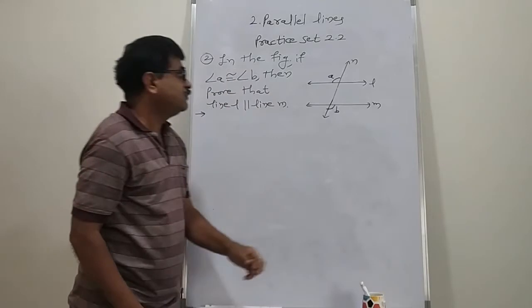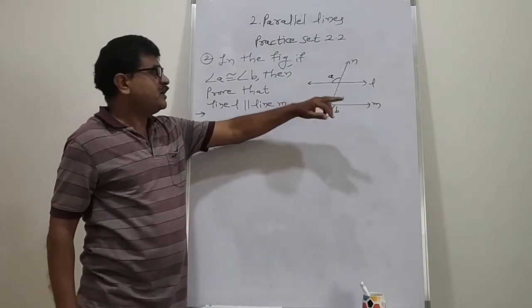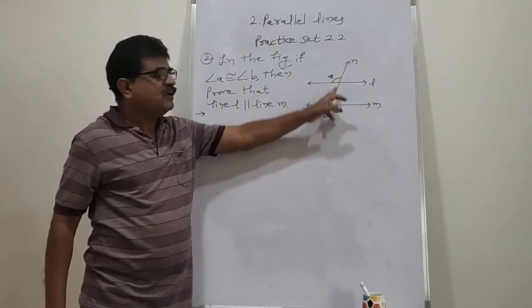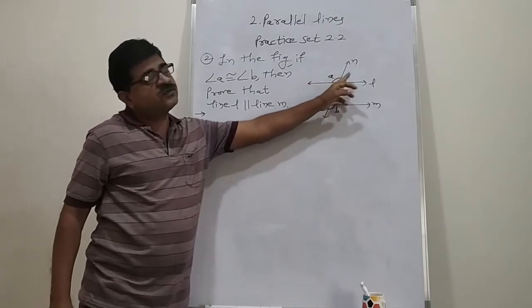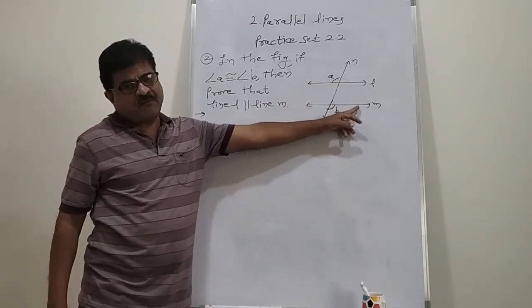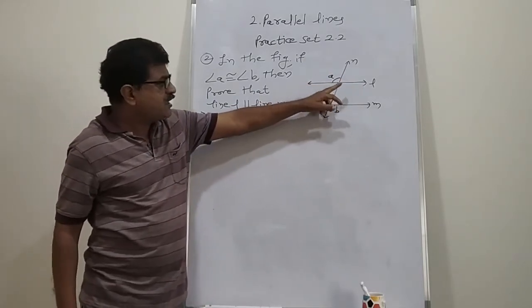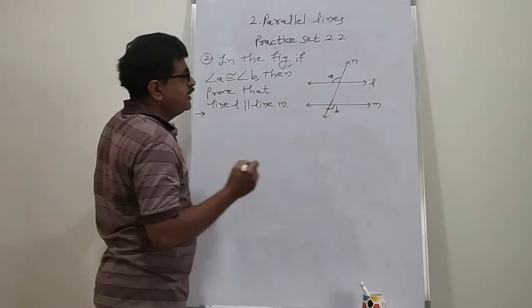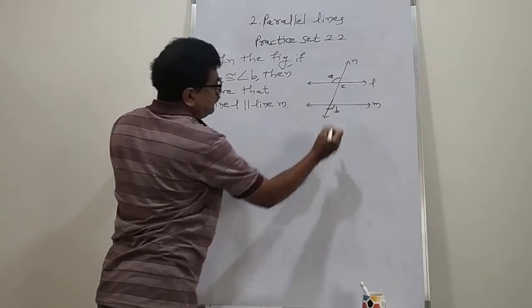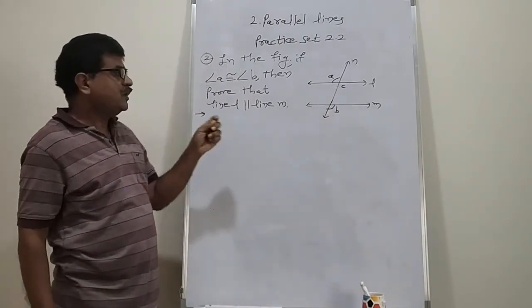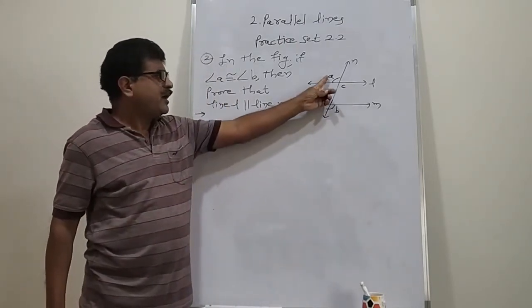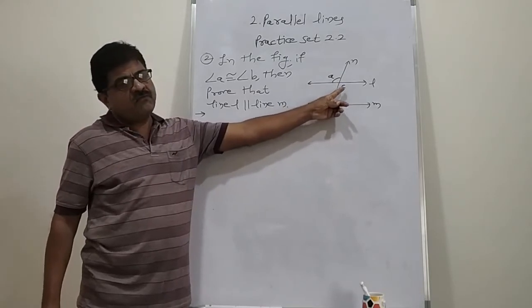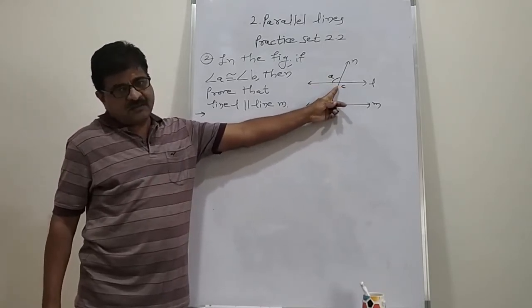Now for this, first we write line N is the transversal of lines L and M. We consider this angle as C. Therefore, angle A congruent to angle C, vertically opposite angles.